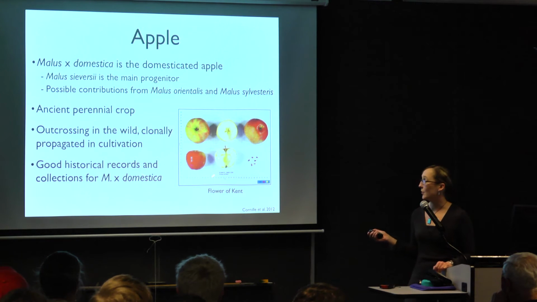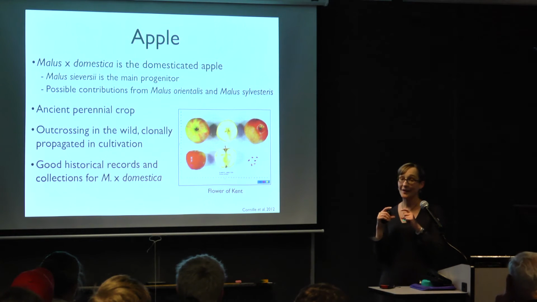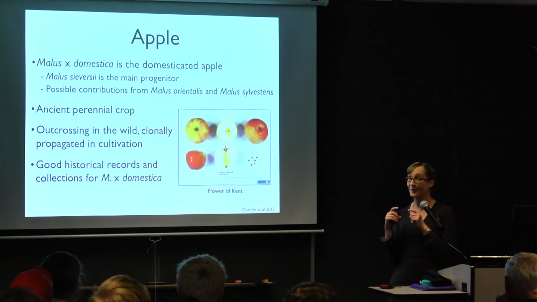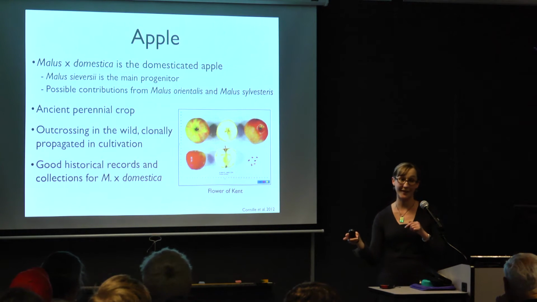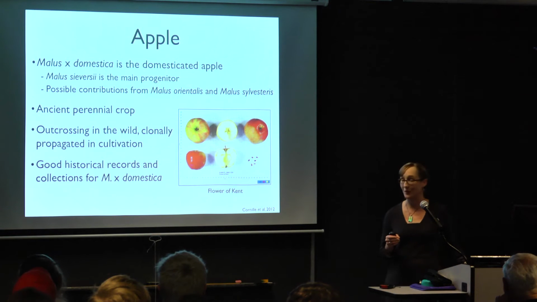Another cool example is this variety. I pulled this picture from the GRIN system. This is a variety of apple that you can order from Geneva, I think, or it should be available at some point. It's called the Flower of Kent. And the little entry next to it says that hypothetically, this is the tree that Isaac Newton was sitting under when an apple fell down, and he started thinking about gravity. So it's just one of the many cool stories about apple.